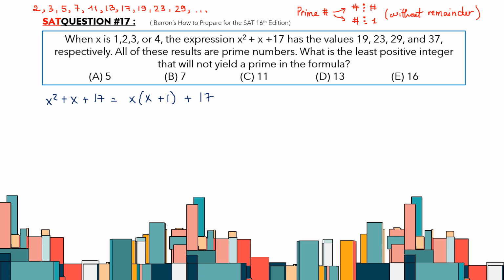Okay, so we can try 8. We plug it in here, 8. So we have 5 times (5 plus 1) plus 17. Well, 5 plus 1 is 6, 30, 47. And this is a prime number.